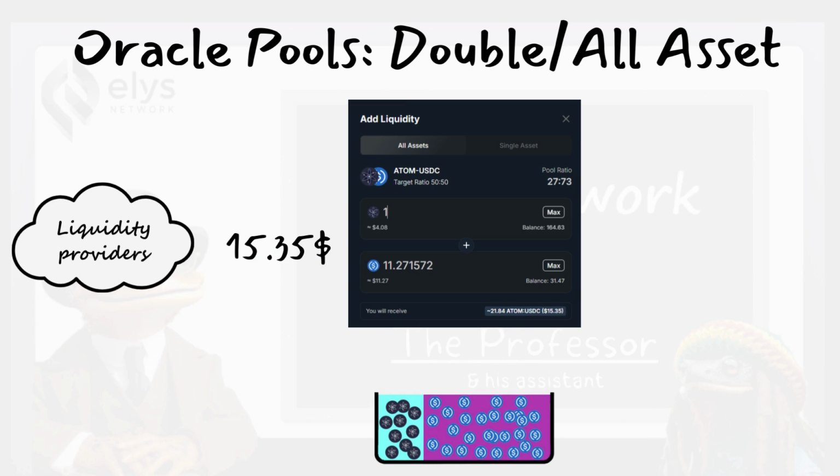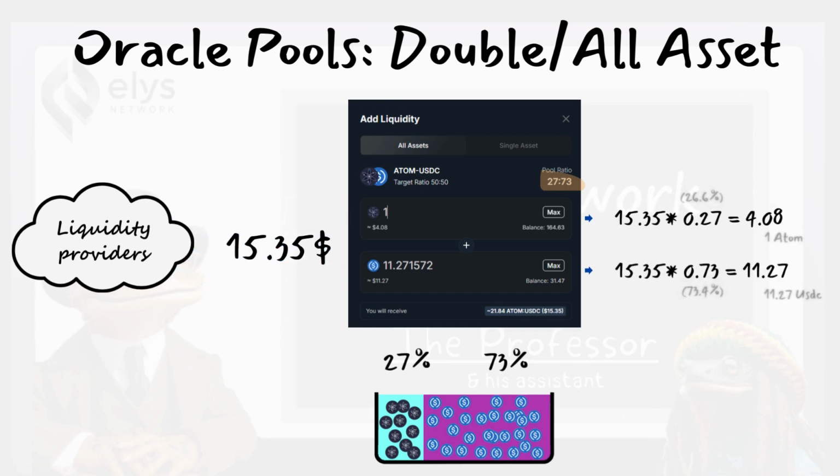The 50-50 distribution required an equal token deposit. Our Atom USDC pool with its 27-73 ratio requires a deposit of about 1 to 2.5. So for one Atom at 4.08 USDC, the pool will ask you to also add 11.27 USDC. Like the fixed pool, depositing double asset maintains the pool's balance.